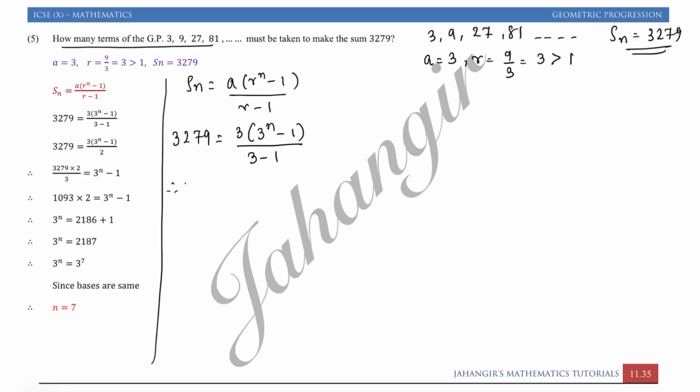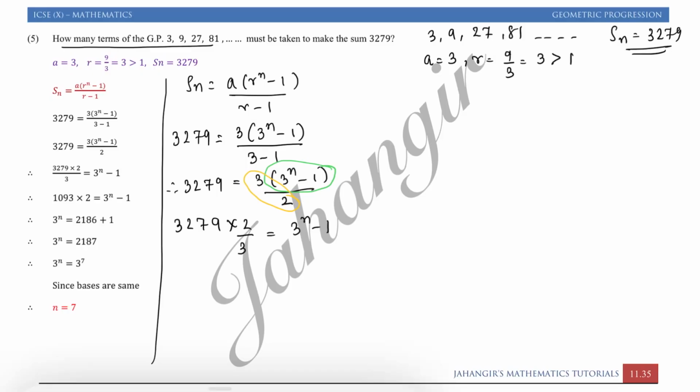So therefore 3279 is equal to 3 into 3 raised to n minus 1 upon 3 minus 1, which is 2. Now, leaving this term over here, we can shift 3 by 2 to the other side. If you are shifting 3 by 2 to the other side, what you will get? 3279 into 2 upon 3. It becomes reciprocal, that is equal to 3 raised to n minus 1.